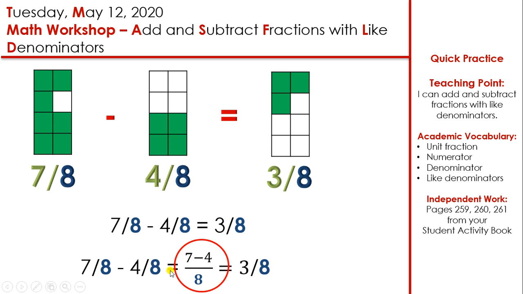Remember, the denominator, the number at the bottom, always stays the same. The only thing that you're doing is either adding or subtracting the numerator, the number that we have at the top. In this case, we subtracted 7 minus 4, that is equal to 3. Alright?